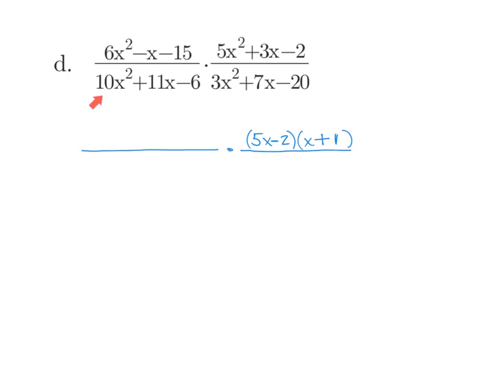Well, what about the bottom left? Does 5x go into 10x squared? Yes. Does negative 2 go into negative 6? Yes. And so I'm going to take a shortcut, and I'm just going to say, well, let's see if it works.